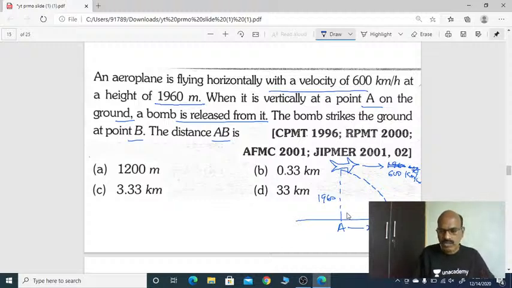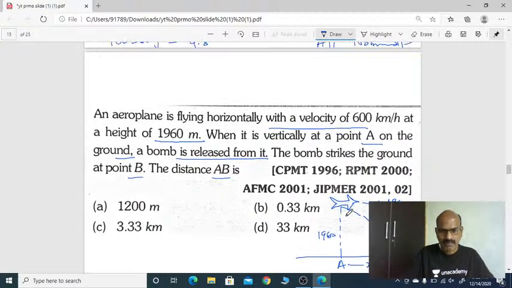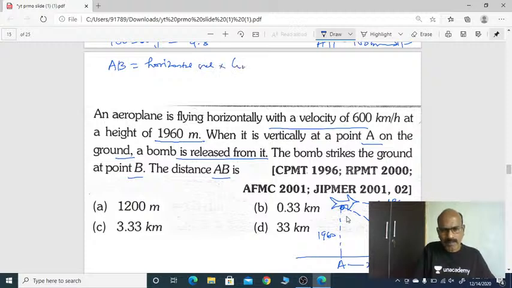Now we need to find the horizontal distance, the horizontal displacement of the bomb. The bomb is dropped here, it reaches finally here. What is the horizontal displacement of the bomb? That is AB. Horizontal displacement equals horizontal velocity into time.